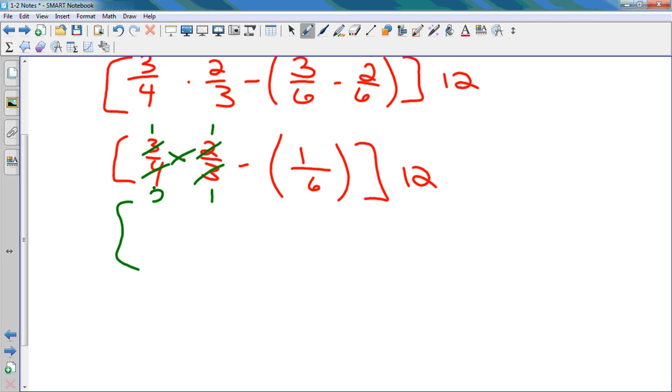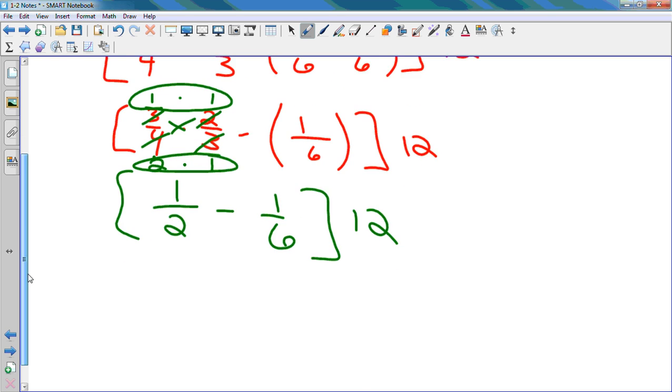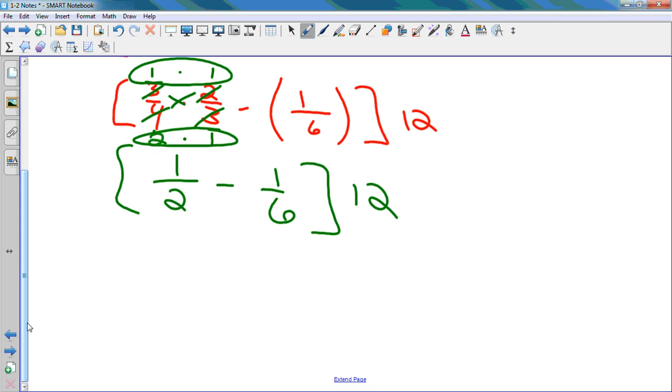Now, once you've cross-reduced, what's the next step? Multiply the numerators. 1 times 1. 2 times 1. 2. So I have 1/2 minus 1/6. All that times 12. So far, so good.